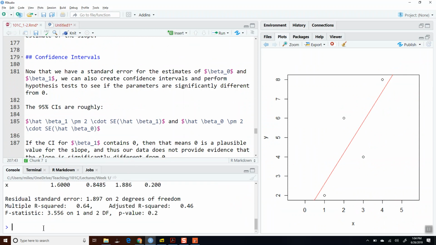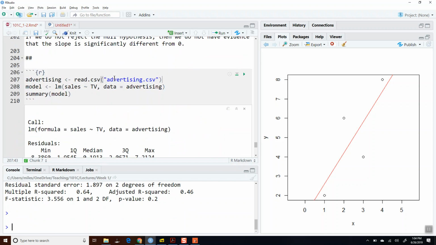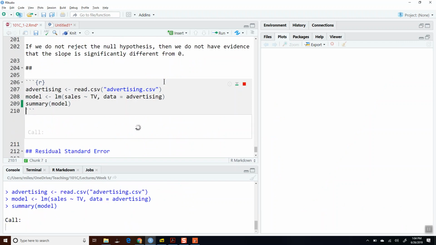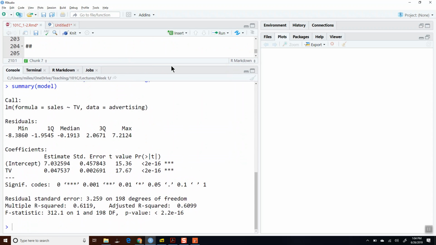Okay, and we saw the plot for the advertising data. When you plot this, I've got advertising$TV and advertising$sales.